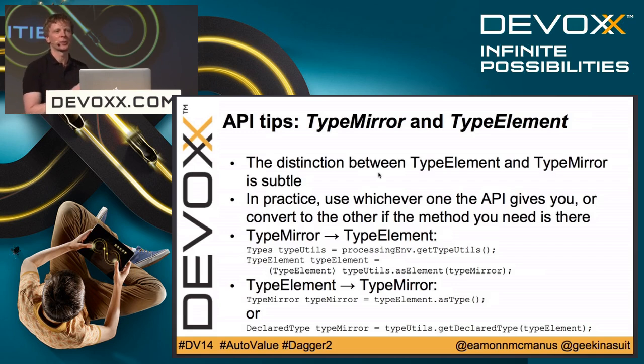A List of E is kind of the type, the template, and the List of String is the actual thing that is an instance of that type. So TypeElement is like the List of E, and TypeMirror is like the List of String. But in practice, you don't really have to think about that too much. You just look at what the API gives you. If it's what you want, then that's fine. If it's not, then you can convert it into the other one. And there's a couple of ways to do that, which are shown here.